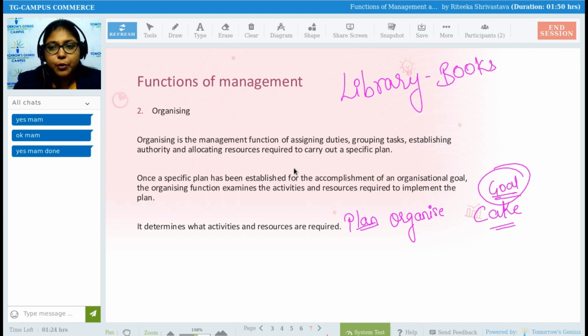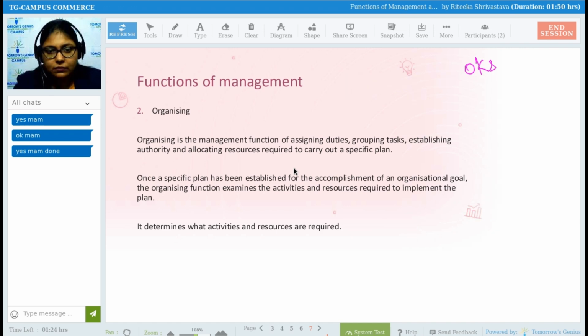So let us read the point. Organizing is the management function of assigning duties, grouping tasks, establishing authority, and allocating resources required to carry out a specific plan.